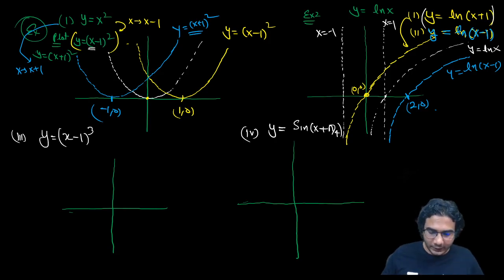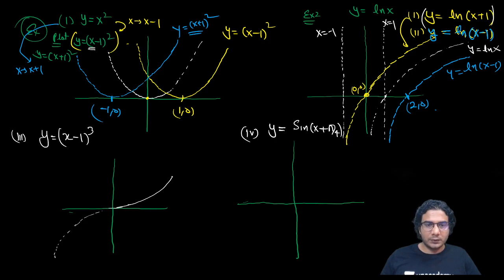All right, now let's do this. x minus 1 whole cube. First we'll plot the graph of y is equal to x cube. You know y is equal to x cube is like this. Now let's plot the graph of y is equal to x minus 1 the whole cube. You need to replace x by x minus 1.